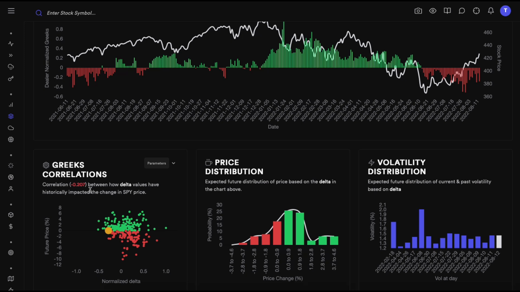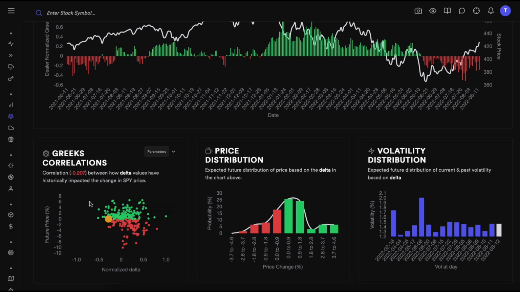And this delta is good because it is telling us that as the value of deltas increase, price actually tends to go down. So you can probably imagine drawing a line here that will fit this entire data set. If you take a macro look at this chart, it is trending slightly down.